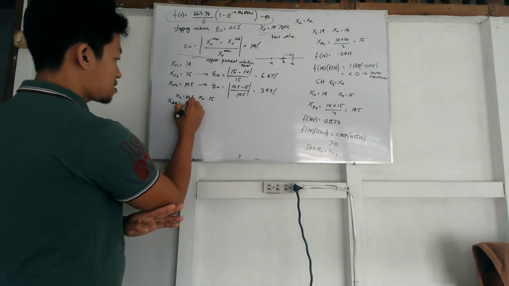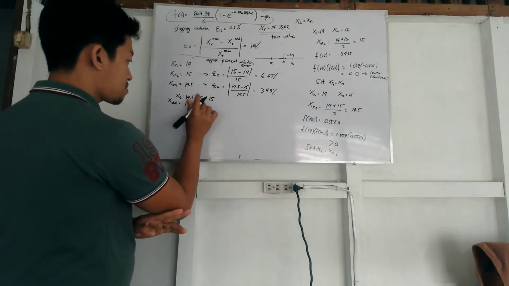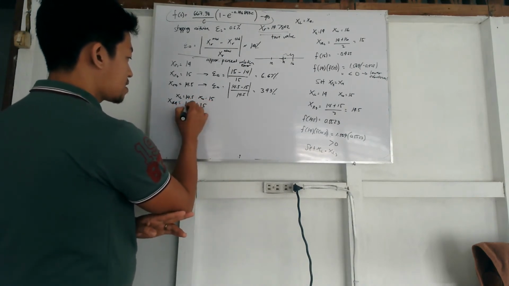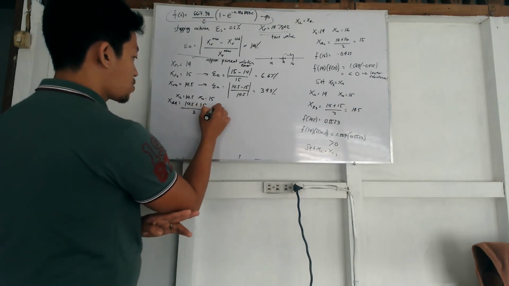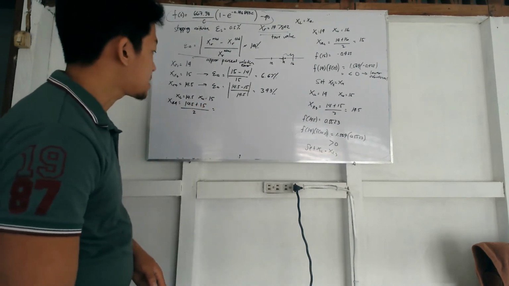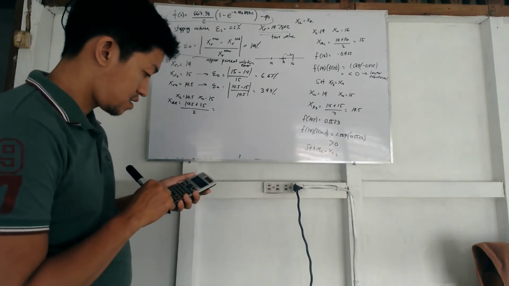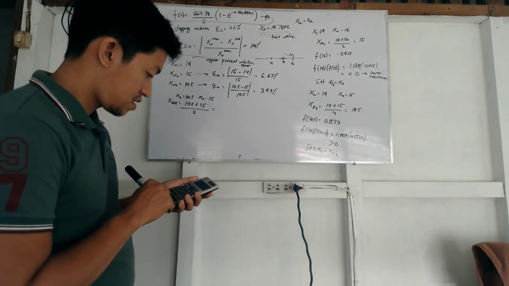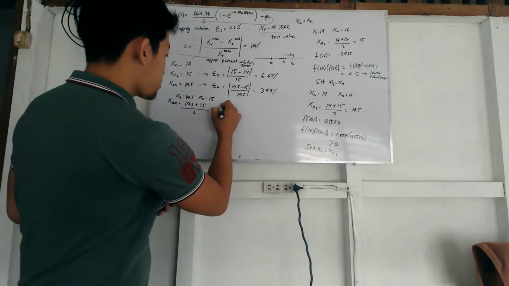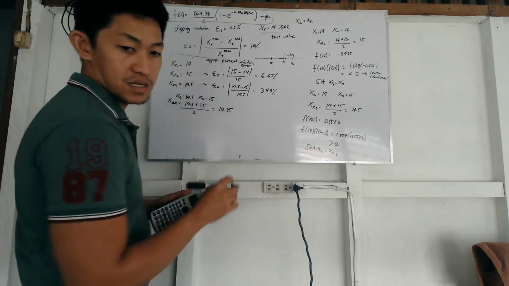So you have 14.5 plus 15 over 2. Pila answer ani? 14.75.